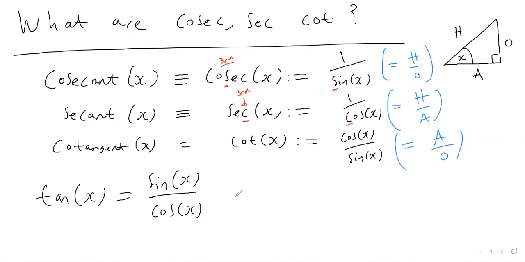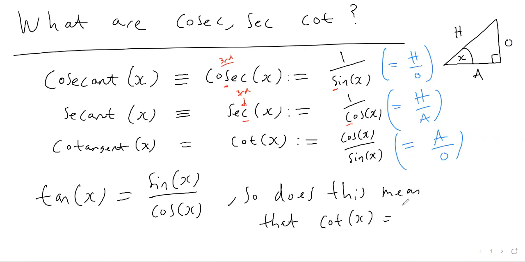So you may be thinking, does this mean that cot x, which is the real definition you need to know, is cos over sin. So you may be thinking, is cos over sin the same as 1 over tan? In most cases, yes, it is exactly the same. However, there are some specific cases of x, some specific numbers that you substitute into these functions, that this wouldn't work for, and we'll go through that now.